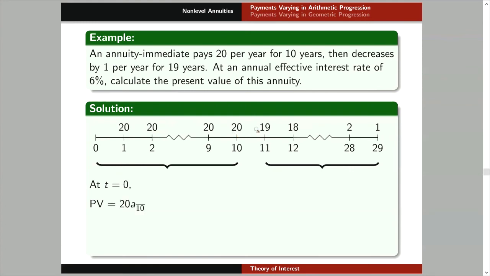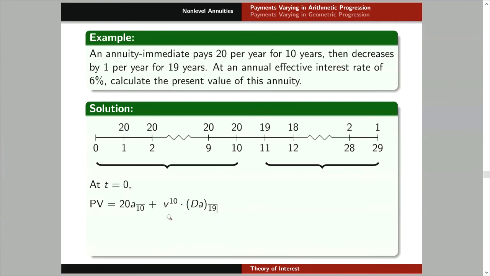Then we have this kind of payments here. What do you notice? It is a decreasing annuity. How many payments do we have here? 19 payments. So we have D a angle 19, because we have a decreasing annuity.